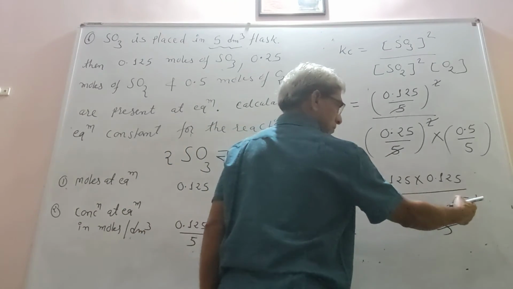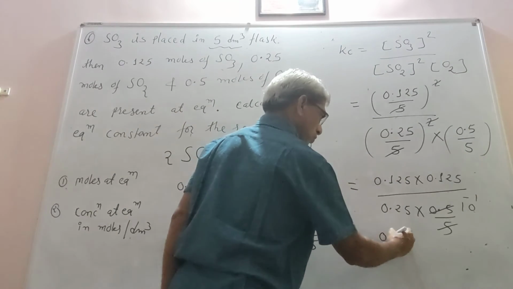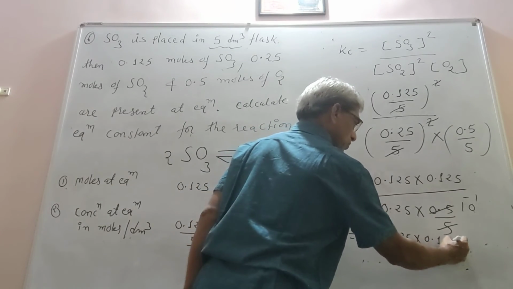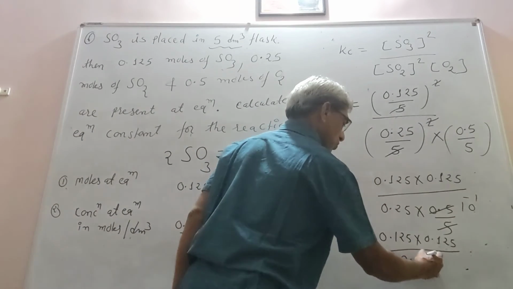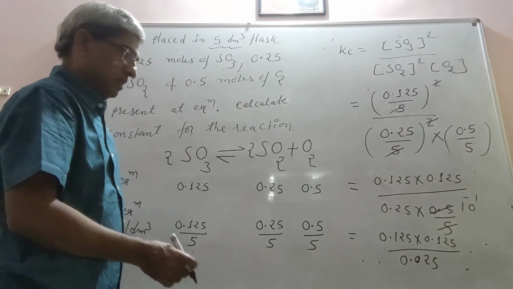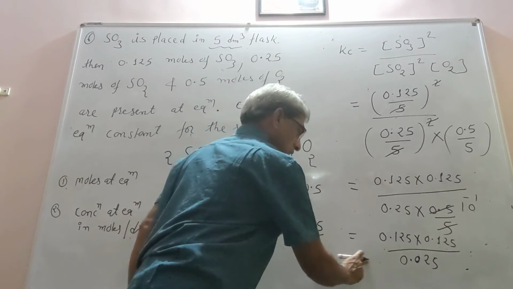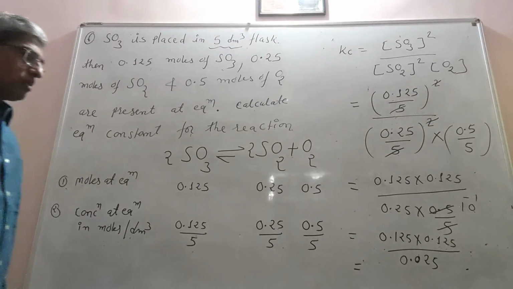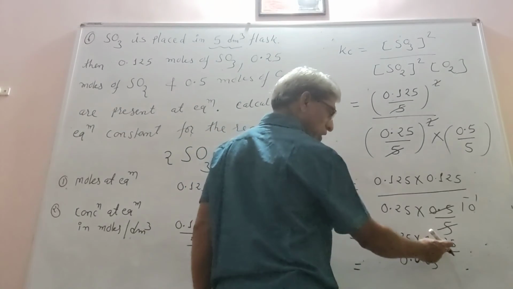Then it becomes, if the point is on this side, then 0.125 into 0.125 upon 0.025. By shifting the 10 raised to minus 1 point, it becomes this ratio. Then after doing the calculation, we get the square of this.